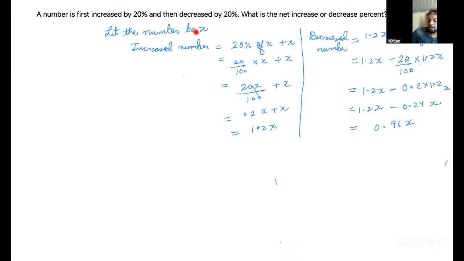Okay, so starting the number was 1x, but now it becomes 0.96x. So it means that the value decreases, because in the starting it was 1x. Yes or no? Which means that the value decreases. So we have to calculate the decrease percentage also. So the decrease percentage will be 0.96x minus 1x, into 100.